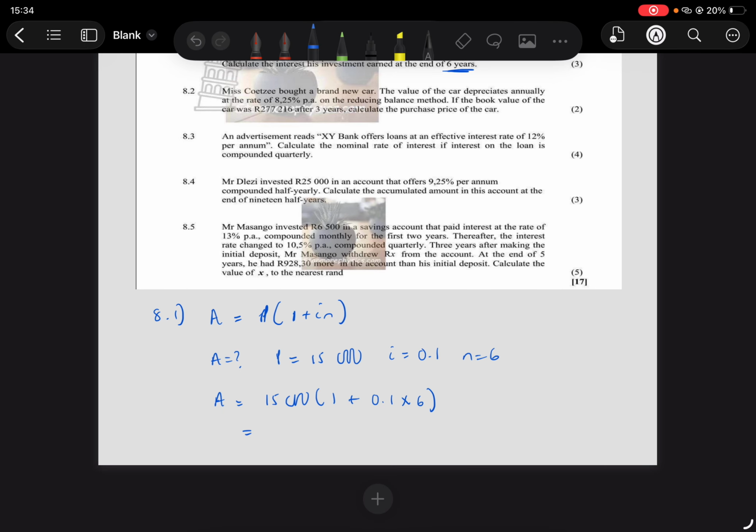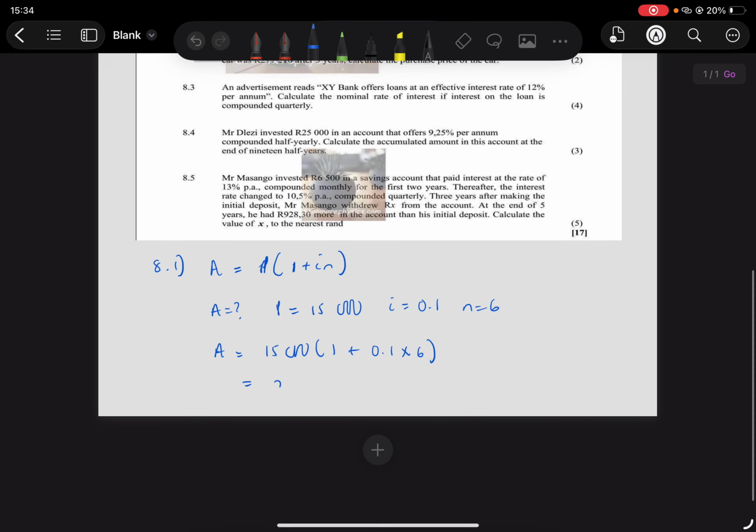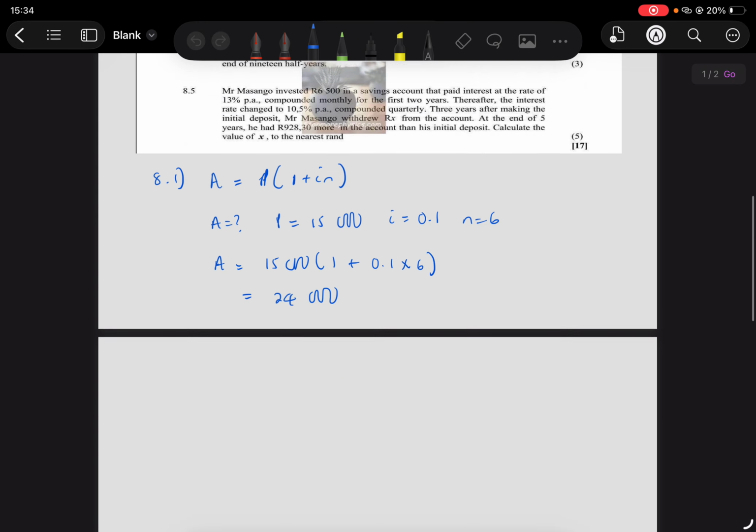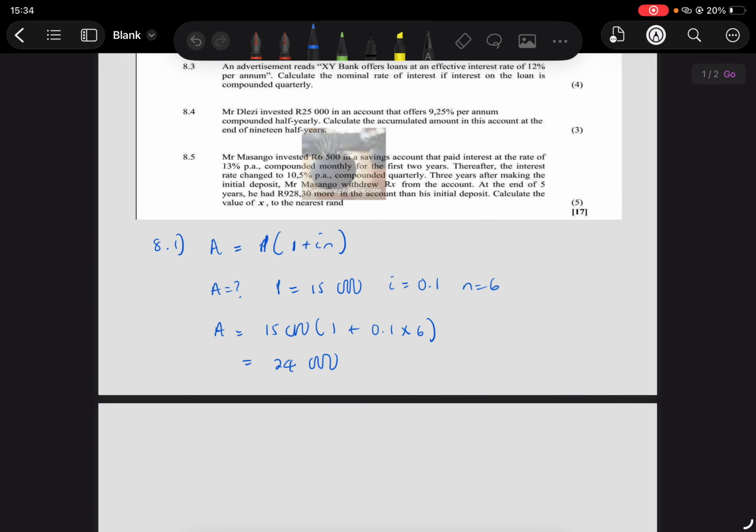Punching it on my side, this will be 0.1 multiplied by 6, plus 1, then times 15,000. This gives us 24,000. This is your accumulated amount and not necessarily the interest that you've earned.